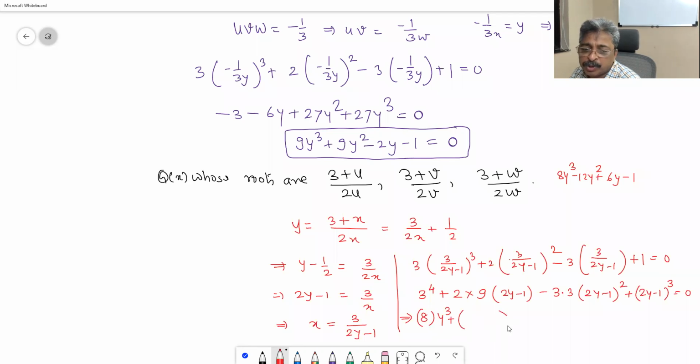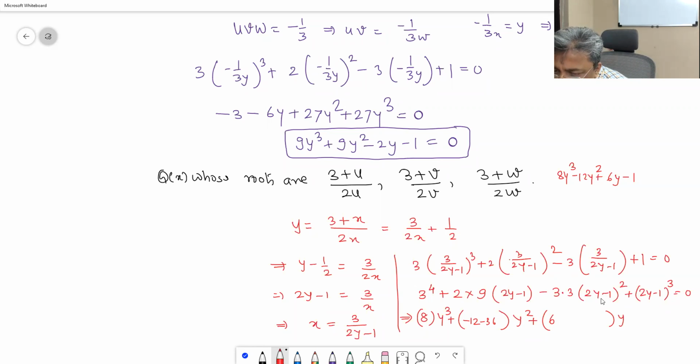Plus, what is the coefficient of y square? Minus 12 from here. Y square, this is going to be 4, and now no 36, so minus 36 from here. That is going to be minus whatever. Plus, what is the coefficient of y? Plus 6 from here.